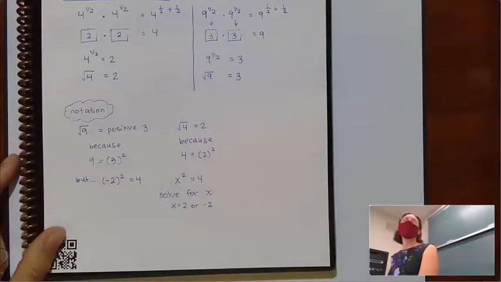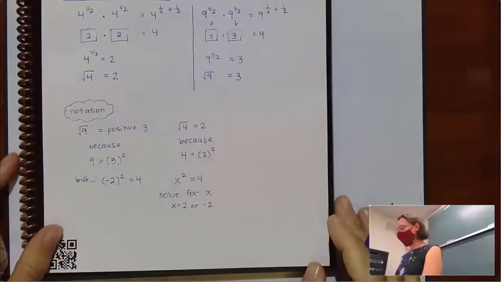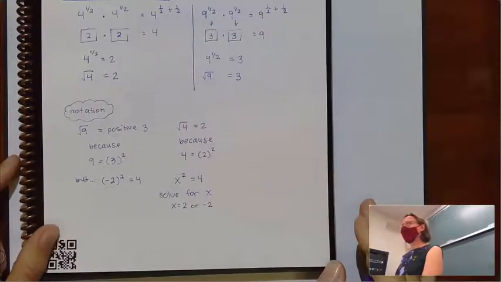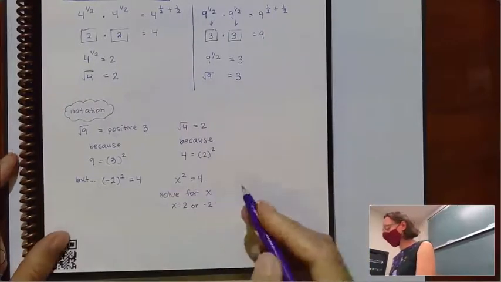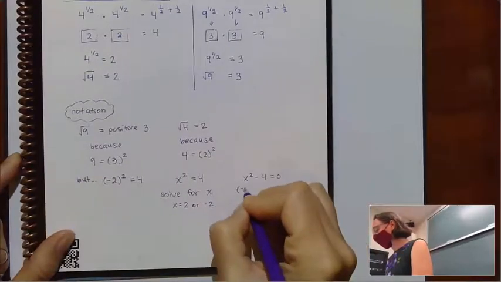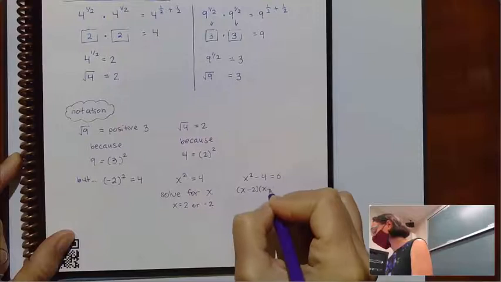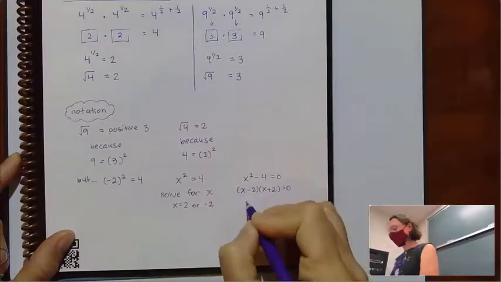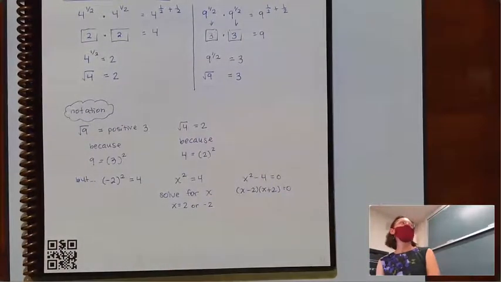But personally, I'm not going to get there from taking the square root, although we could. Personally, I'm going to solve this by subtracting 4 from both sides and getting that factored. That's how I'm going to get that x is 2 or -2.